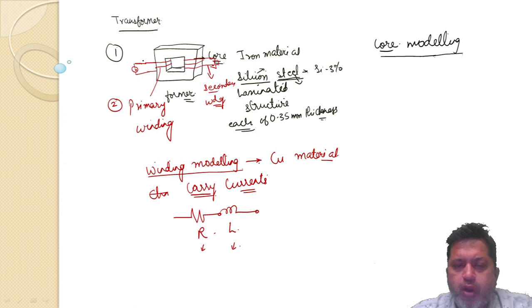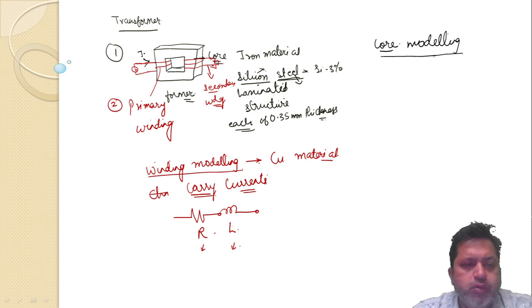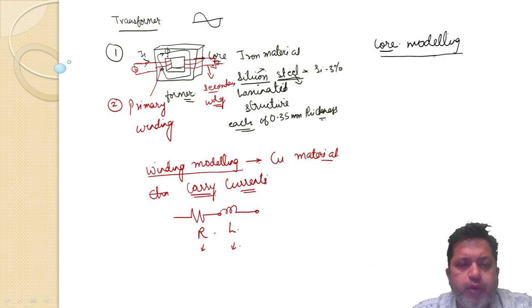As soon as we apply voltage, current I1 will flow in the primary winding. This will cause a clockwise flux in the transformer core. This flux is alternating, so it will have a rate of change of flux.